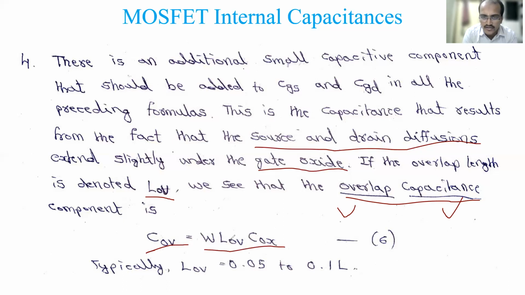Same as earlier WLCOX, but L now becomes LOV, and this LOV normally has a value of 0.05 to 0.1 times L. It is a little less than the L value, not the same L. So this capacitance, equation 6, should be added to equations 1, 2, 3, 4. Not for the gate to body capacitance, only for all the preceding formulas you have to include that. That is the 4th point under the gate capacitive effect.